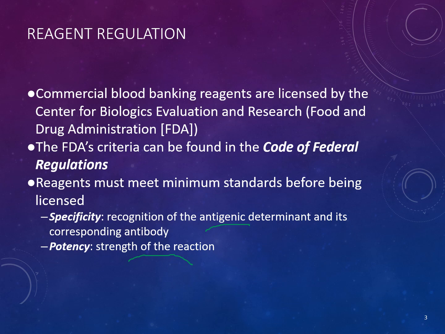In other words, if it's an anti-D, that anti-D needs to be able to detect the D antigen at varying strengths. At minimum, it needs to give what we call a 4+ reaction. We'll talk about these reactions in another lecture, but they have standards that they must meet in order to be used as a reagent.